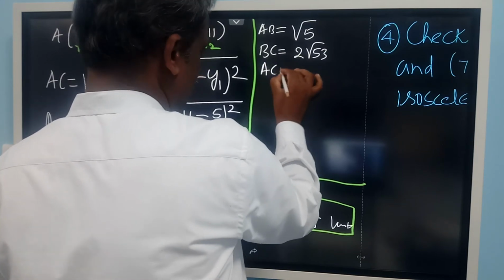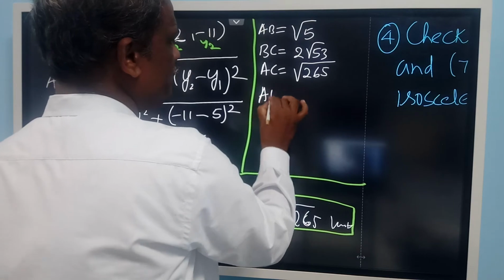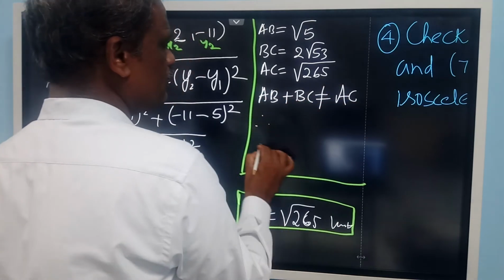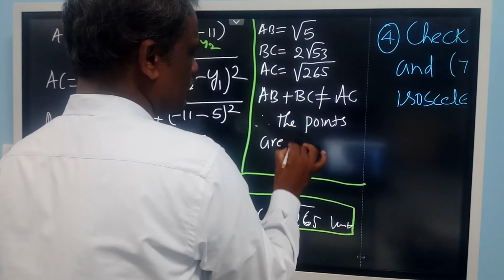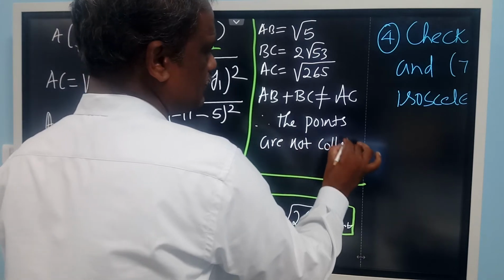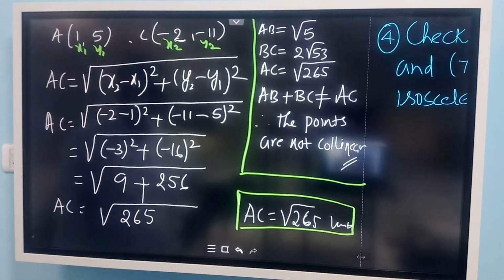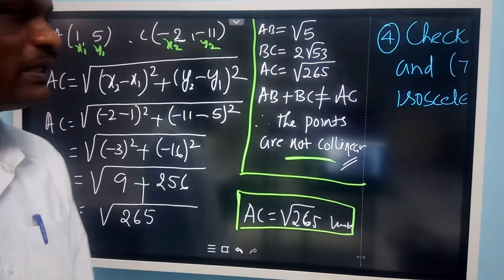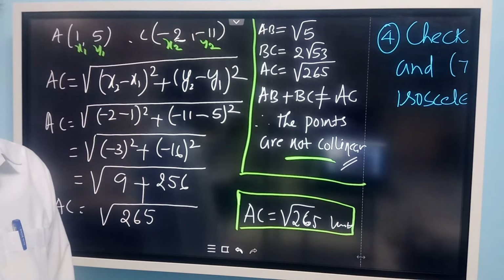Then AC is equal to root 265. Now AB plus BC is not equal to AC. Therefore the points are not collinear. They are non-collinear points. All these 3 points together form a triangle. They are non-collinear points because the sum of the lengths of two sides is not equal to the third side.